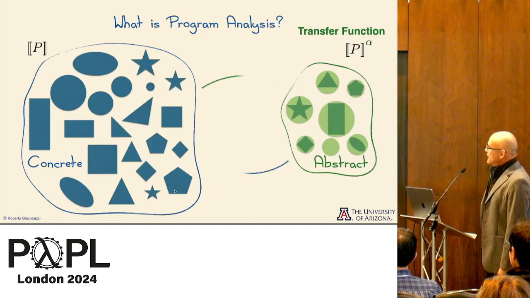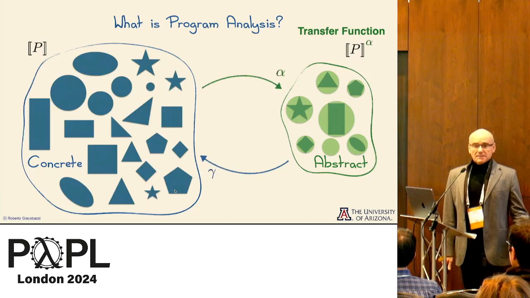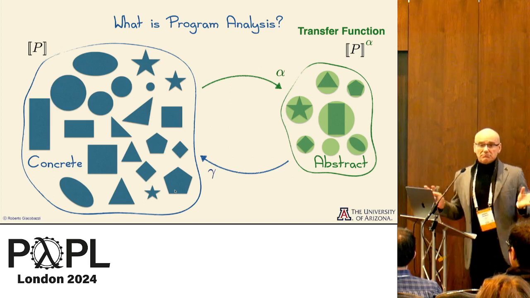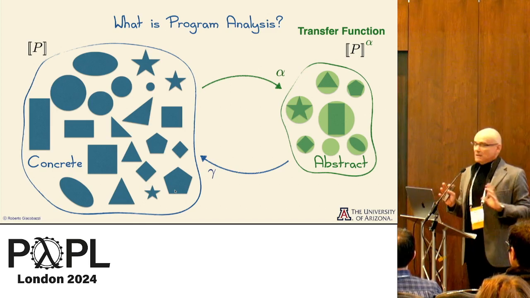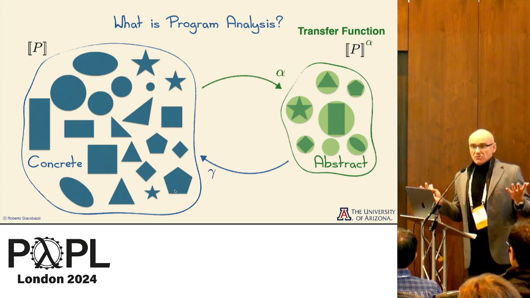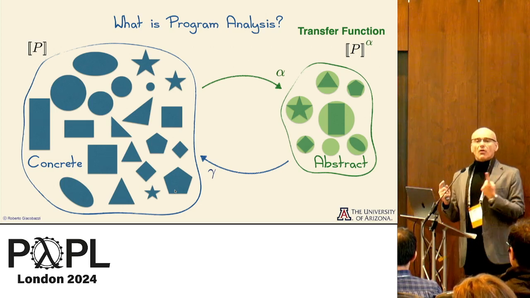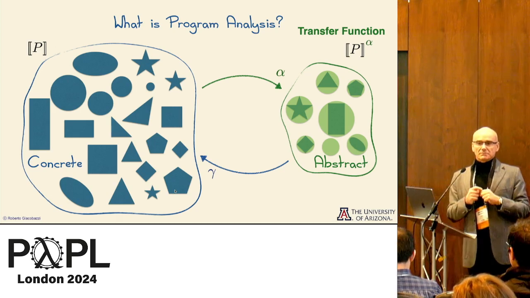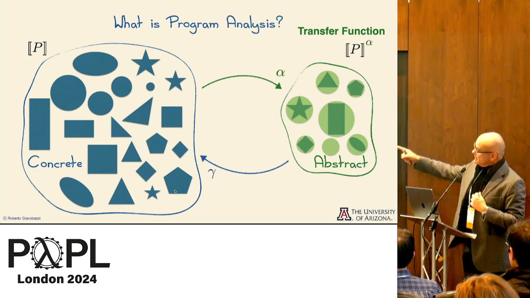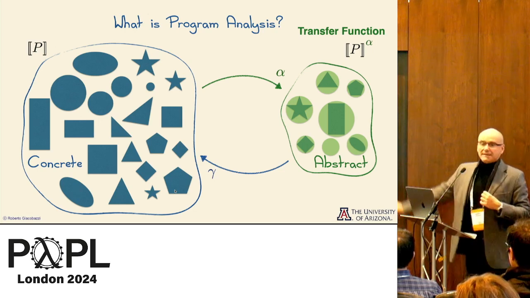Good. How does program analysis work? Imagine that your space of states is a set of shapes. And I want to abstract that, so I approximate those shapes with one single form of shape, which is a circle. So I have many circles that approximate a star, a triangle, a square, a rectangle.